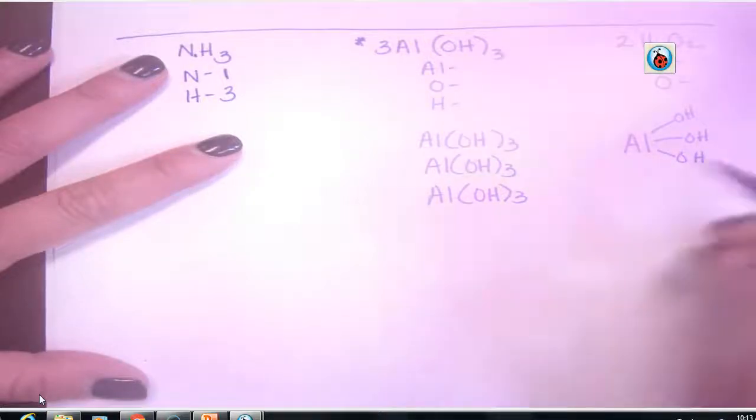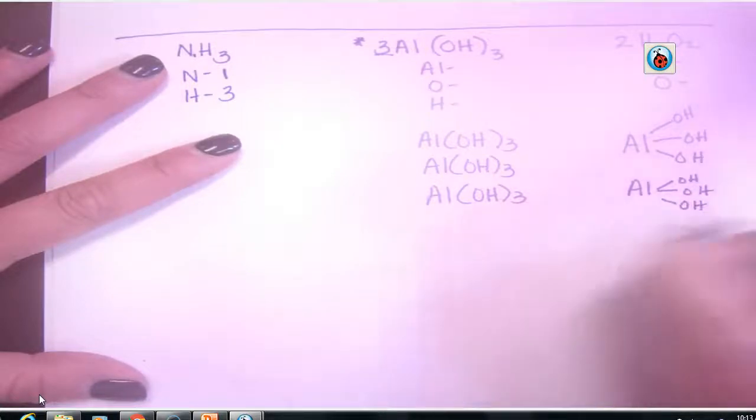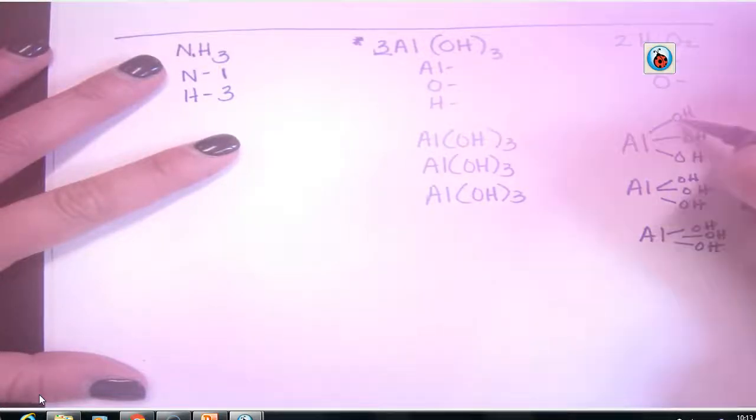But how many times do I need to do that? I need to do that 3 times. So I would have to draw AlOH, OH, OH, AlOH, OH, OH. And then I can add them up and go 1, 2, 3, 4, 5, 6, 7, 8, 9 hydrogens. 1, 2, 3, 4, 5, 6, 7, 8, 9 oxygens. And 1, 2, 3 aluminums.